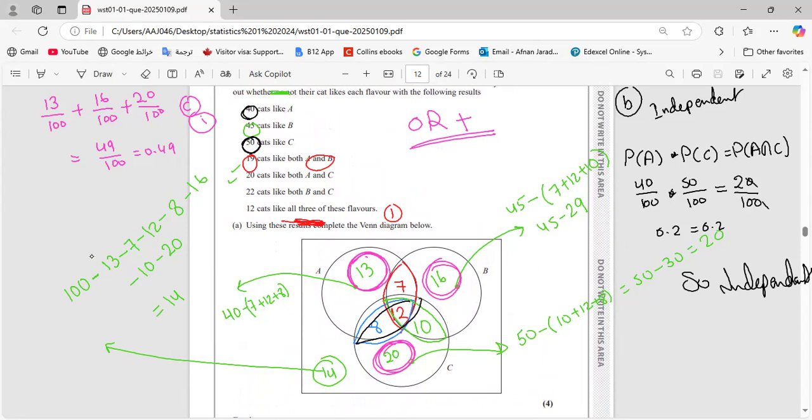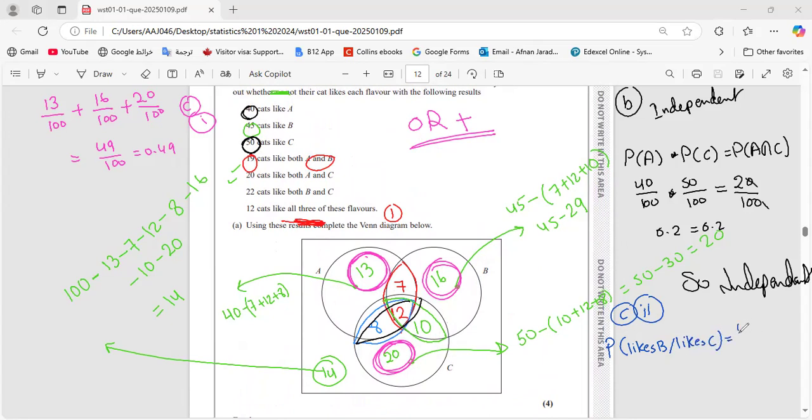Part C, double I. What is the probability that it likes B given that it likes C?